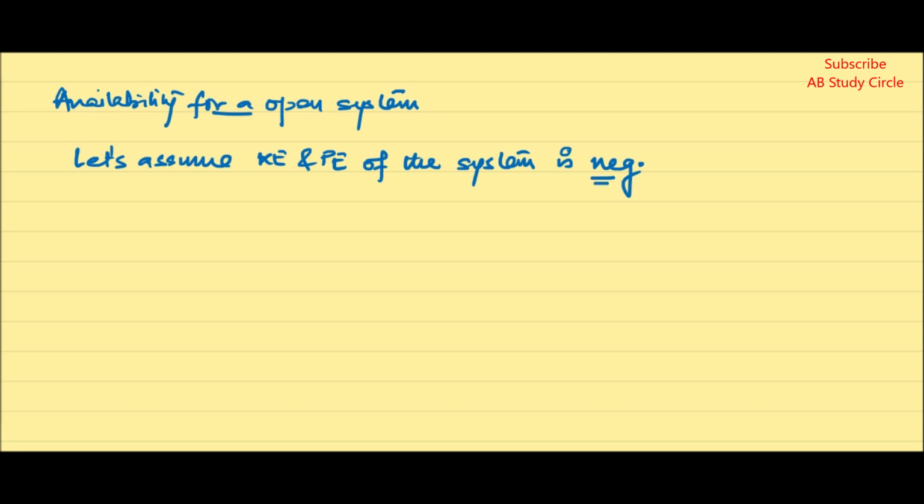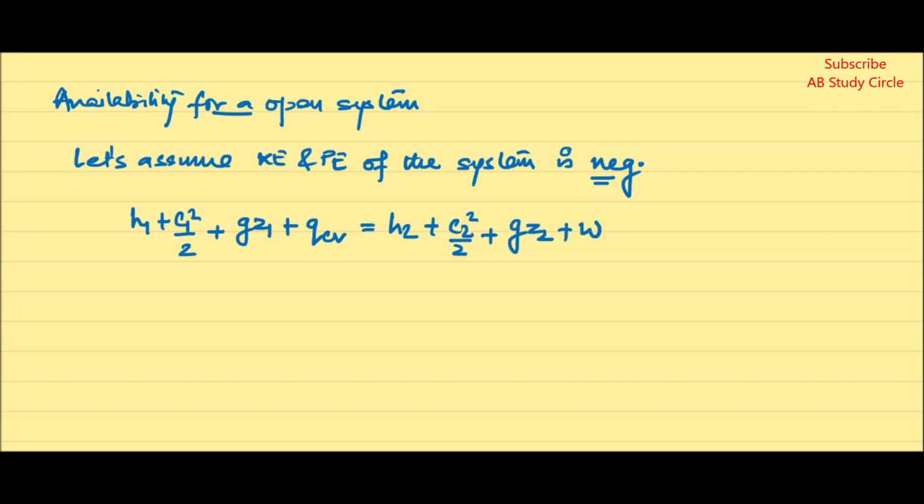Now we have the steady flow energy equation with us, that is H1 plus C1 squared by 2 plus G Z1 plus QCV is equal to H2 plus C2 squared by 2 plus G Z2 plus W, right?